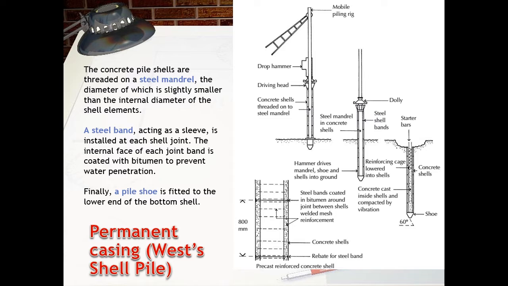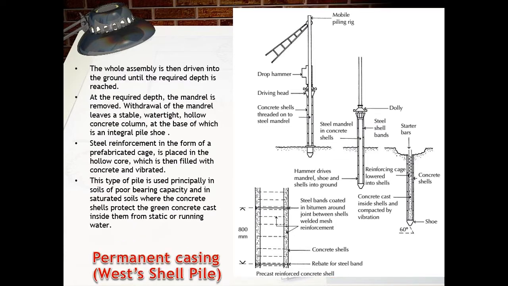Finally, a pile shoe is fitted to the lower end of the bottom shell. The whole assembly is then driven into the ground until the required depth is reached. At the required depth, the mandrel is removed. Jadi sebab kita dah masukkan, dah drive, jadi the protection tu kita remove lah. Withdrawal of the mandrel leaves a stable, watertight hollow concrete column at the base which is the integral pile shoe.